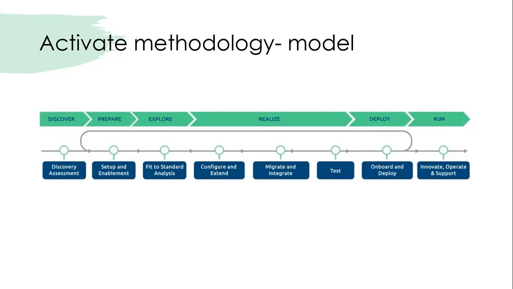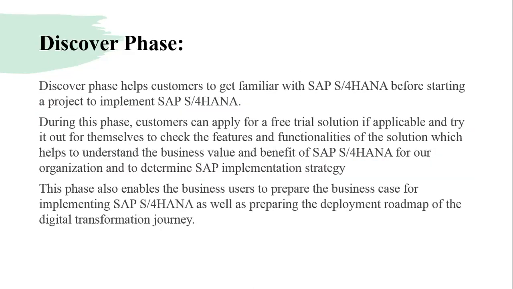You have to test those configurations or those migrations. Then you have to deploy. Deploy is to onboard and make the system start running. And you have run, where you do your train, operate, and support. Because at the deploy phase, you should have done your training. Now let's look into these phases in detail in a few minutes, before we go deep into the configuration.